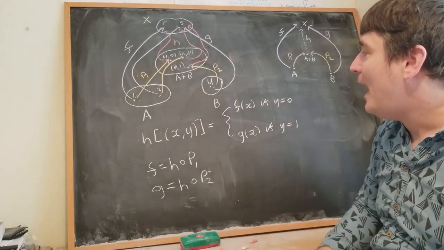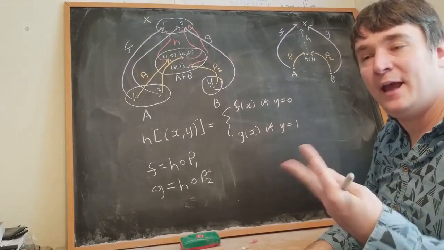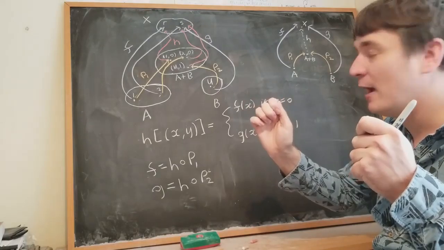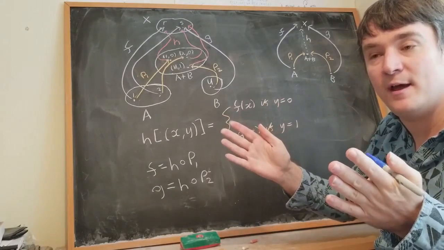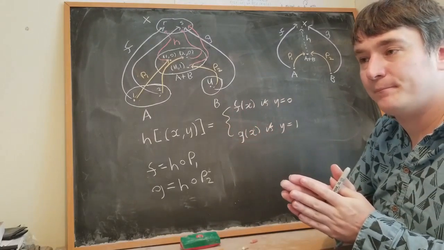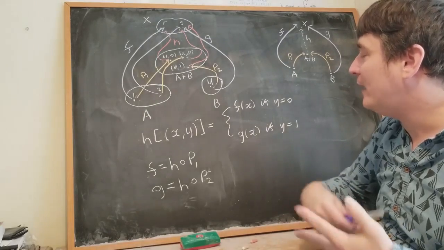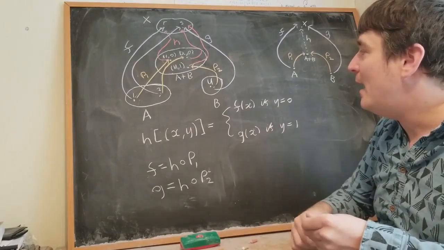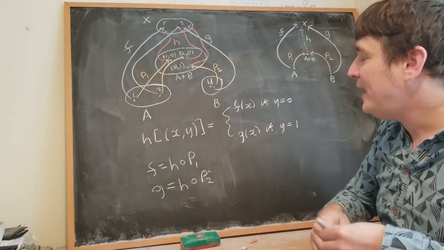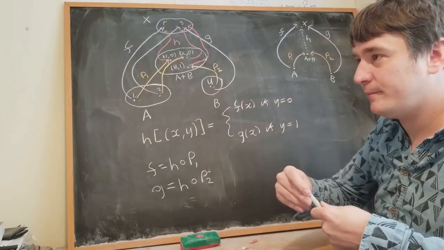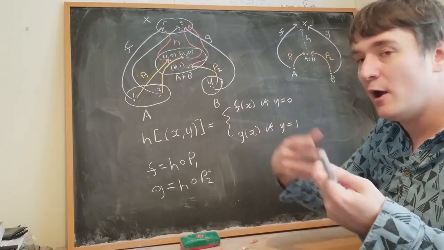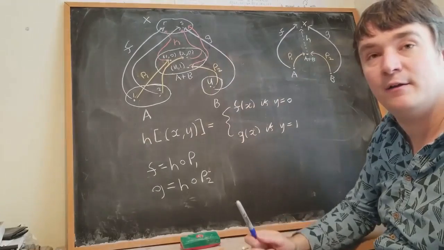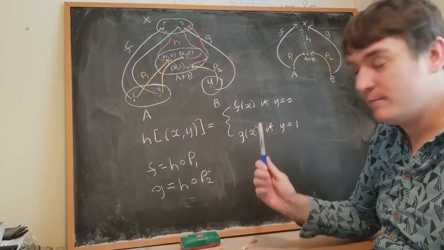And just like in the case with products, any two coproducts are going to be isomorphic to each other. So that shows you the converse: if something is a coproduct, then it must be isomorphic to this discriminated union.